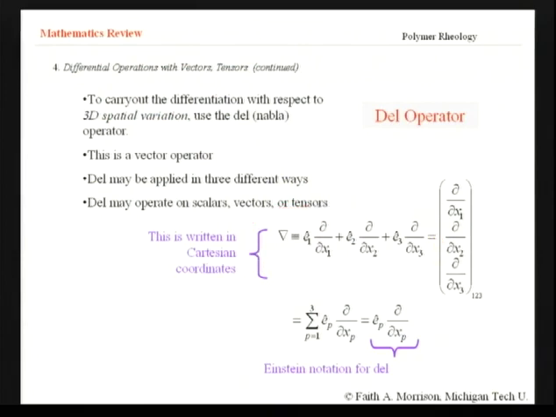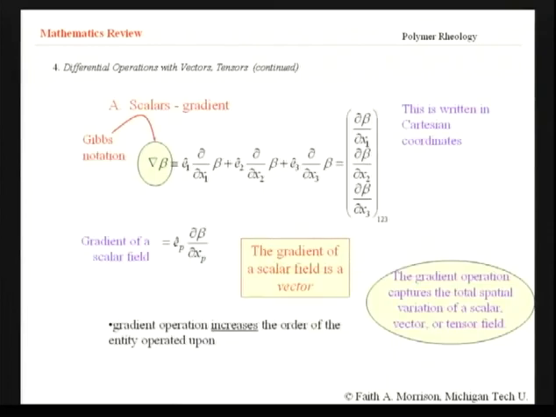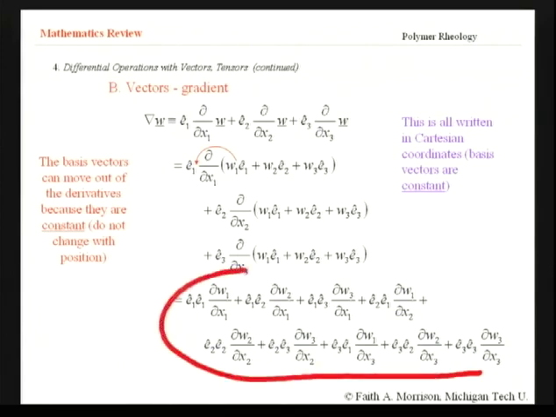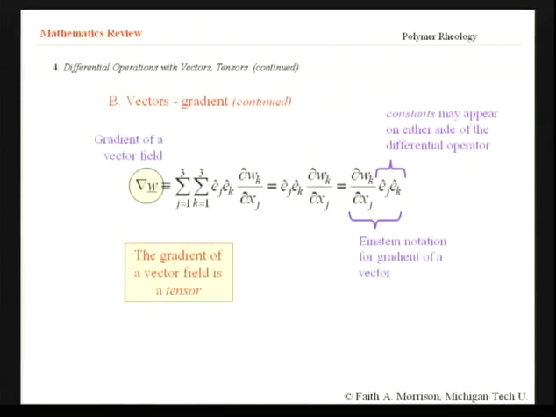As I said before when we did this, the del operates on everything to its right, and that's why it's so important that these unit vectors be constant. So here's del of a scalar becoming a vector, the gradient of a scalar. Del of a vector becomes a tensor. Here's the tensor in sort of a disorganized grouping, but we can also write it in Einstein notation.